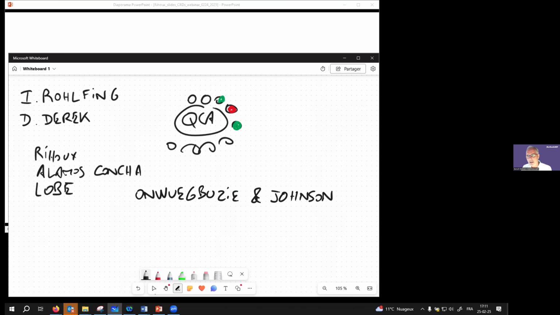And my main point, I need to be short here, is that you can combine QCA with case-based research or case-based toolboxes in multiple ways. We discussed 5 main approaches, and SMMR is one of the 5 possibilities. It's not the only one, but it's a powerful one in principle.